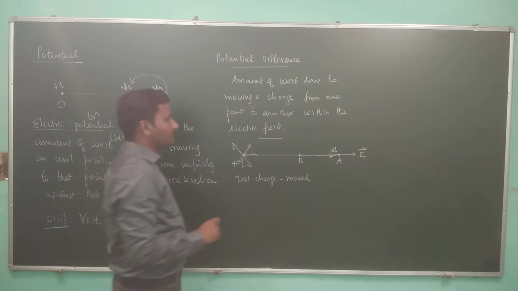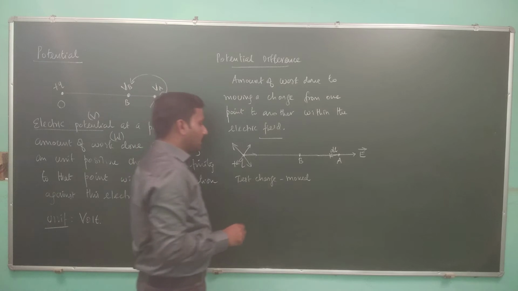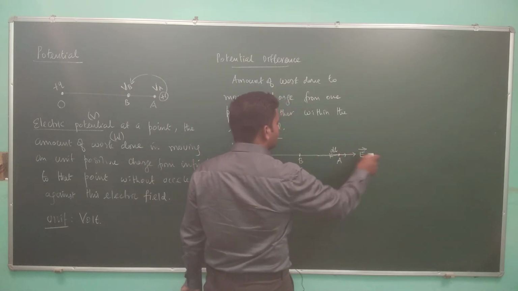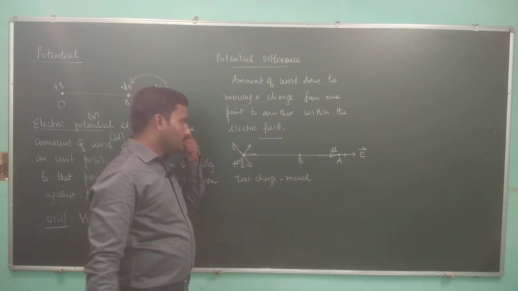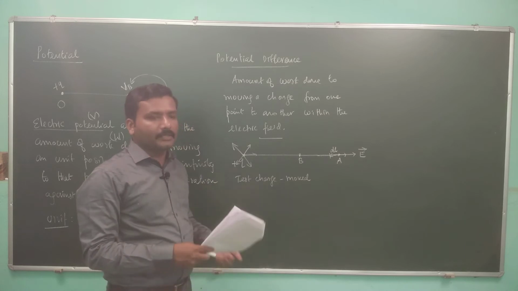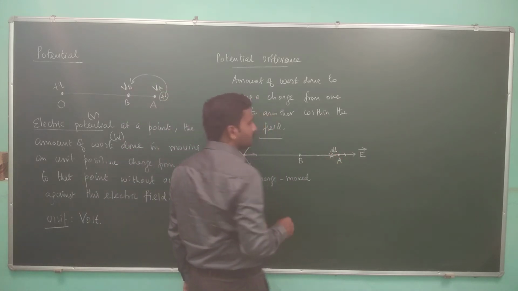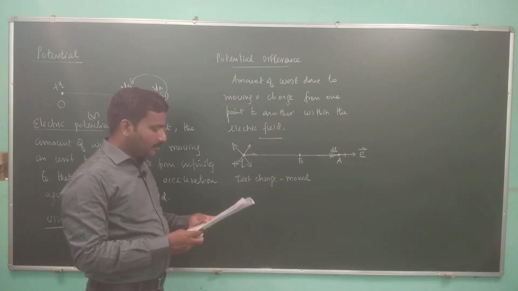In that case, here the electric field will be directed outward, and if the charge is moving in this direction, right hand side, then it is understood that it is moving along the direction. And if it's moving left side, then it is moving opposite to the direction of the electric field.